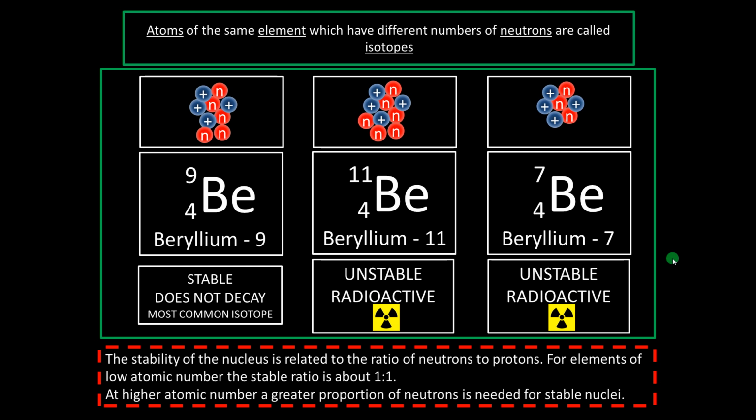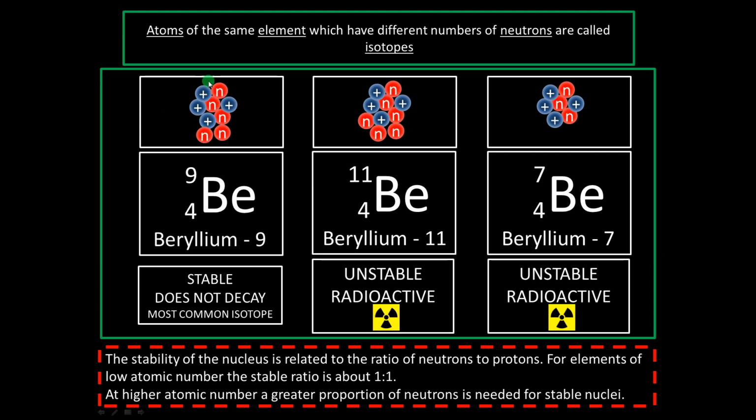For those of you looking at the higher grades, the reason for this stability issue is the number of neutrons. There's a kind of golden ratio, if you like, of the correct number of neutrons to make a nucleus stable. Down the bottom end of the periodic table, in the low atomic numbers, it's about a 1-to-1 ratio. So you remember carbon-12 had 6 protons and 6 neutrons, an equal number.